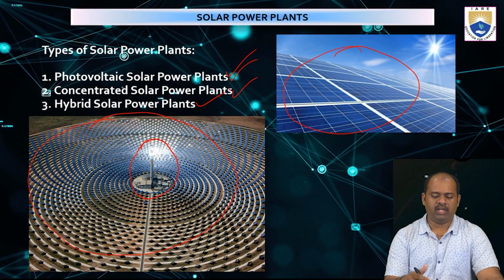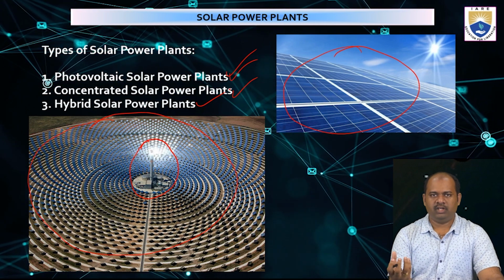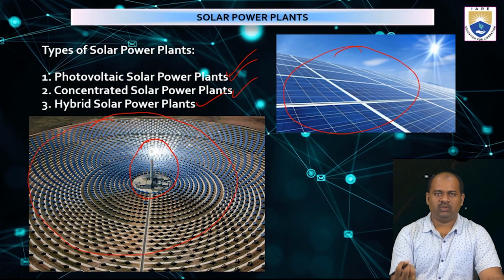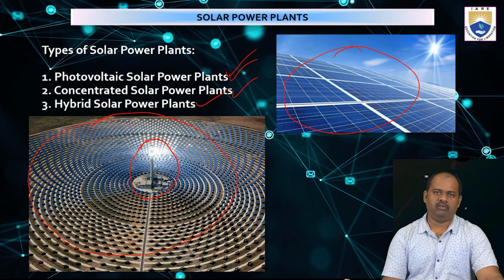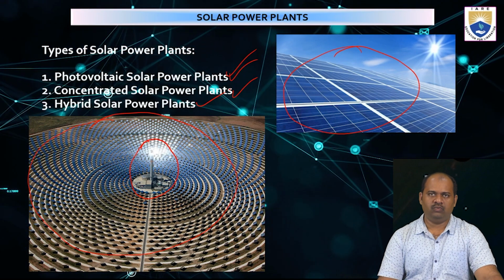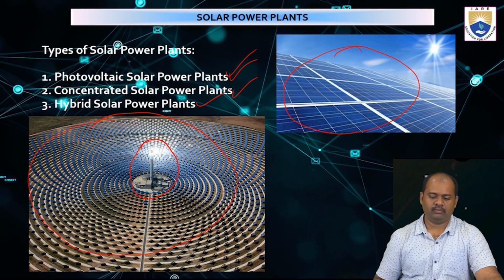That means the solar panels themselves act as mirrors. They absorb some energy, and at the same time, they concentrate the solar radiation to the top of the tower. So it is the combination of the first two types, where photovoltaic cells themselves act as the solar mirrors.